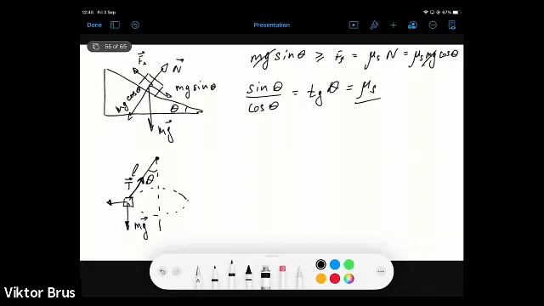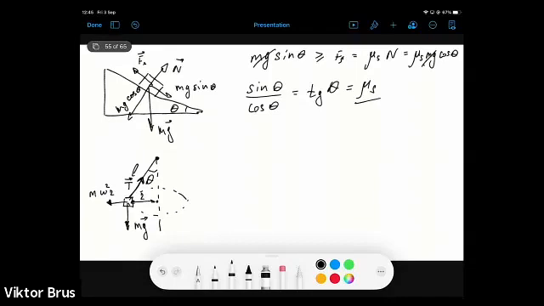From our previous discussion, we remember that it's mass times centripetal acceleration, and this is omega squared times r. And r is the distance from the body to the point located on the axis of rotation.